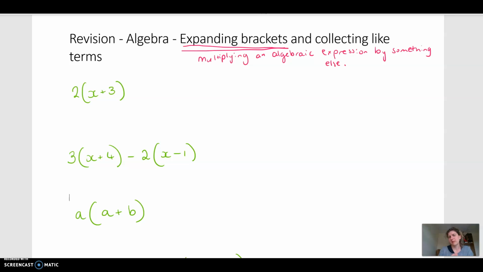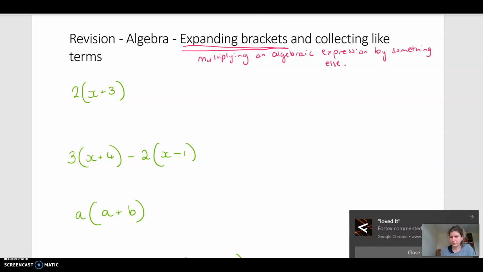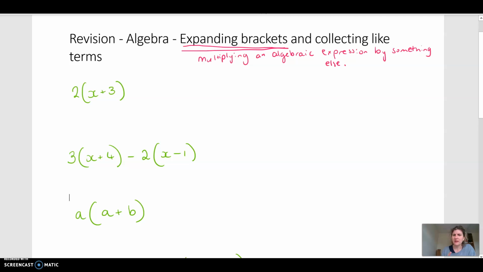Now, when I say something else, it could be another algebraic expression. It could be a number. It could be another letter. So you could be multiplying it by anything, and we'll look at examples of all of these.